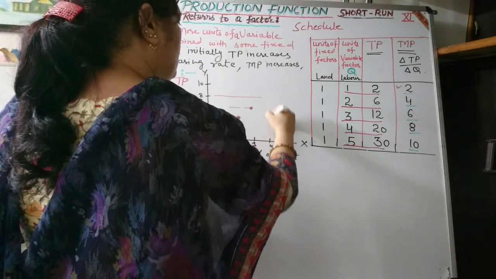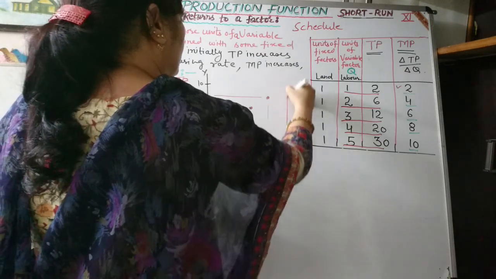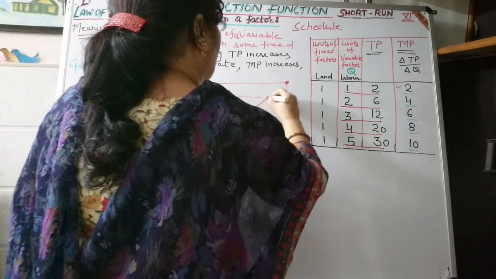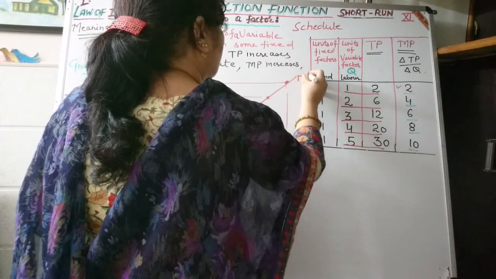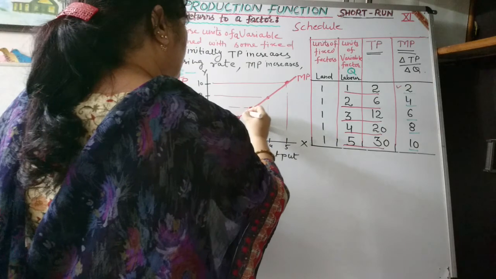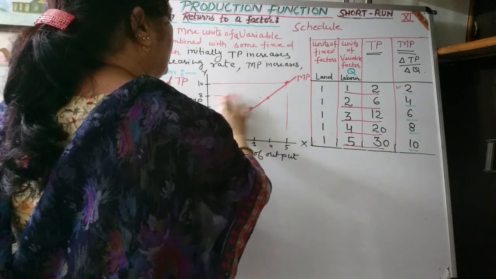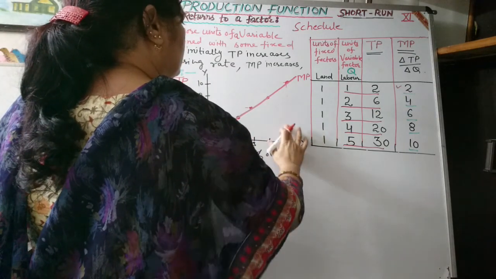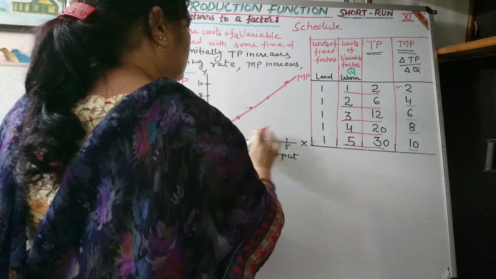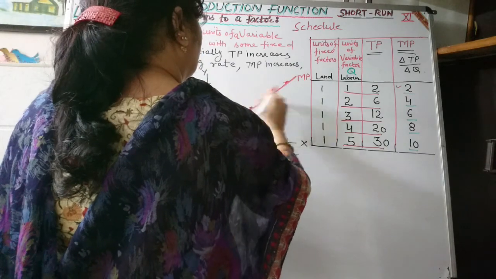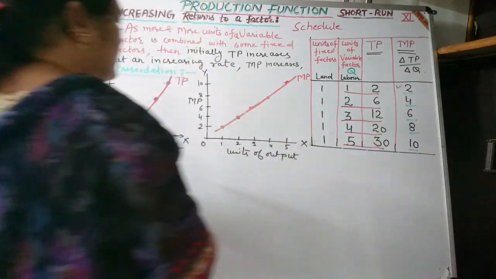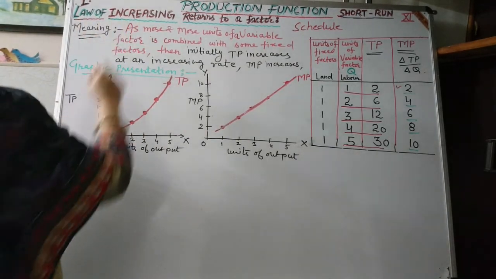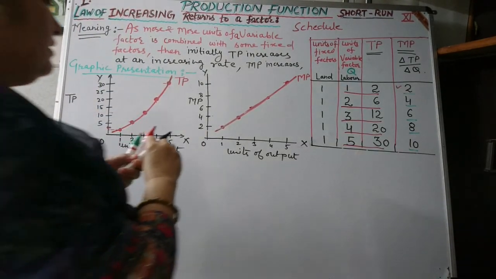At the fourth unit, it is 8. At the fifth unit, it is 10. So joining all these points, we get the MP, marginal production curve, which is upward sloping from left to right and makes a straight line. And this is actually the law of increasing returns to a factor.